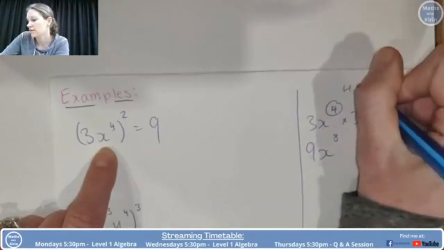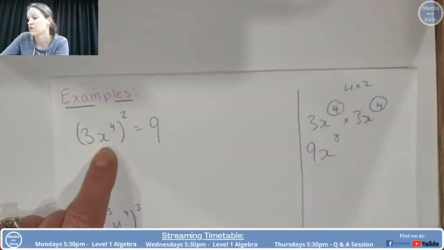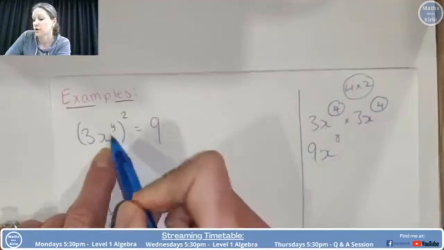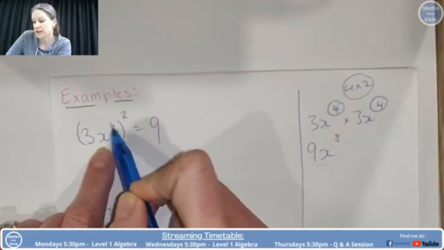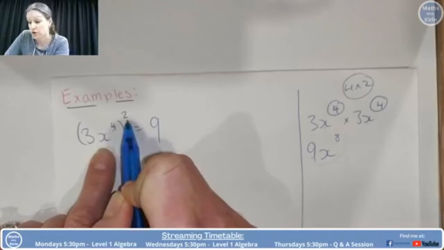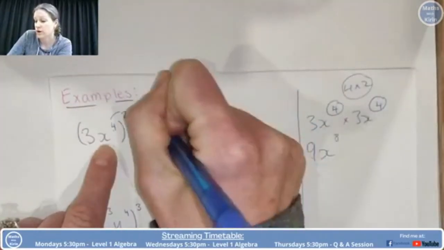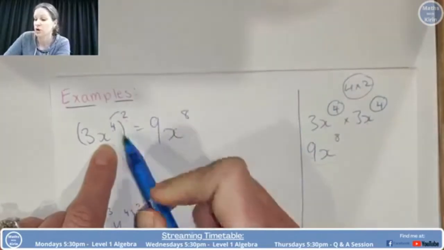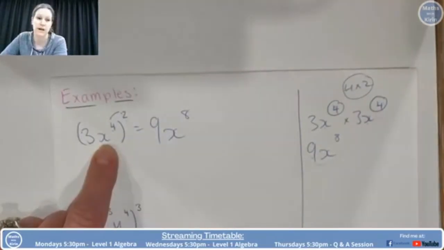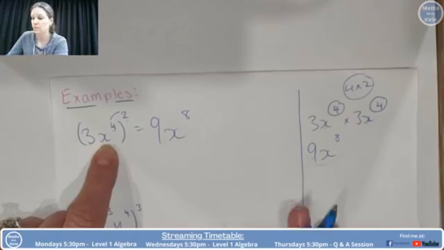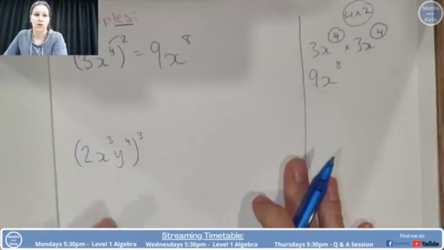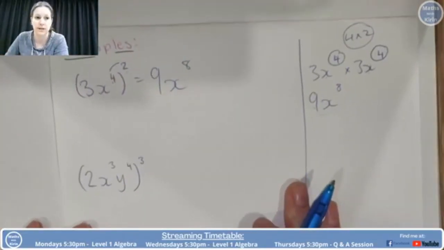It's like 2 lots of 4. So we're adding 4 plus 4, or 4 times 2. So when we are raising x to the power of 4 to the power of 2, what we're really doing is saying we've got x to the power of 8, because we've got 2 sets of that x to the power of 4.